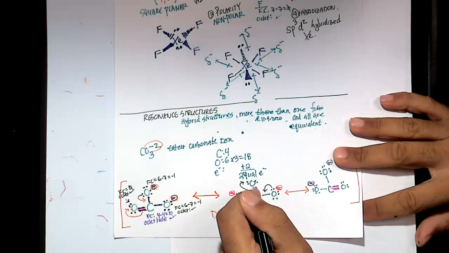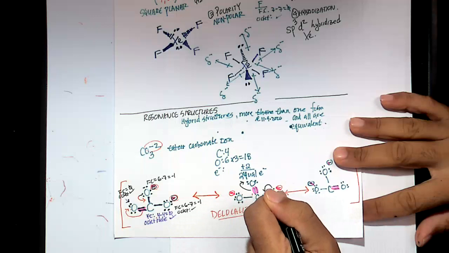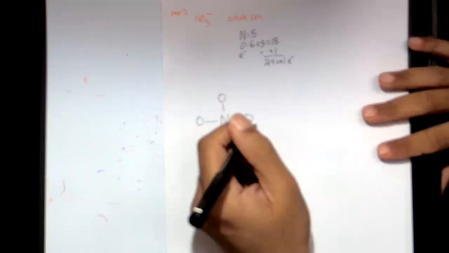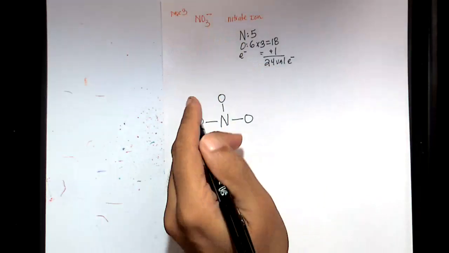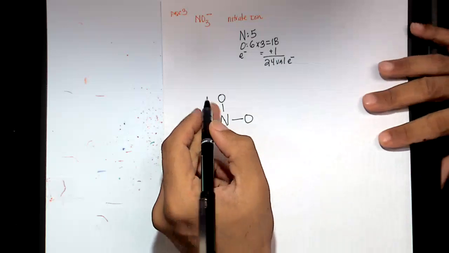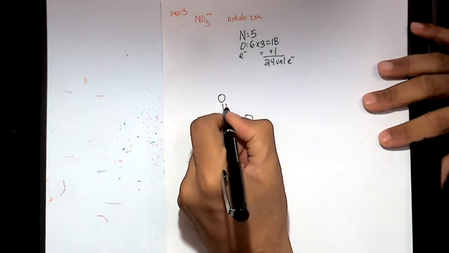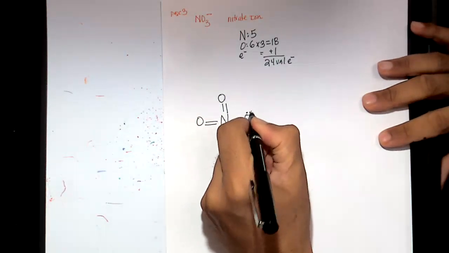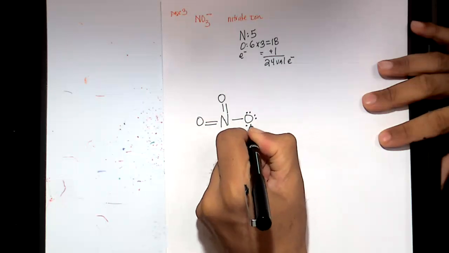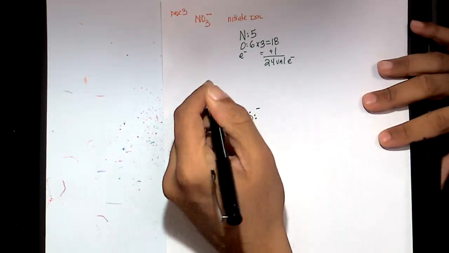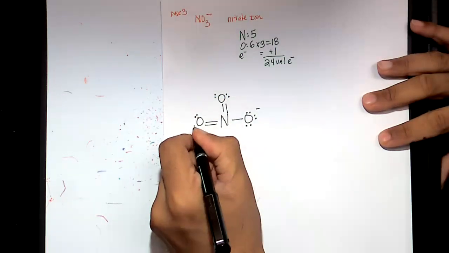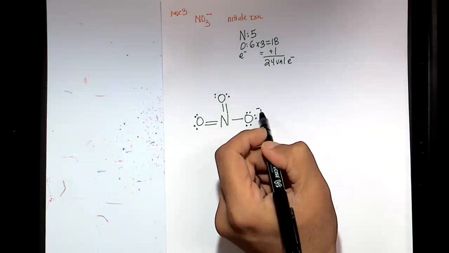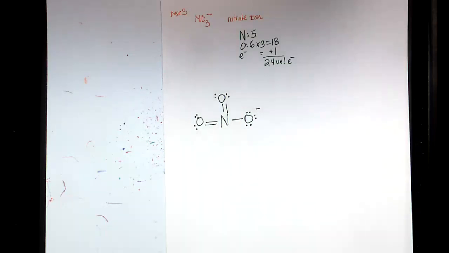Single bond or a double bond? Single. And what's the charge here? Minus 1. So if you're good at this, you would actually do a double bond here, double bond here. This takes a little bit of practice, but you see now I have my minus formal charge.